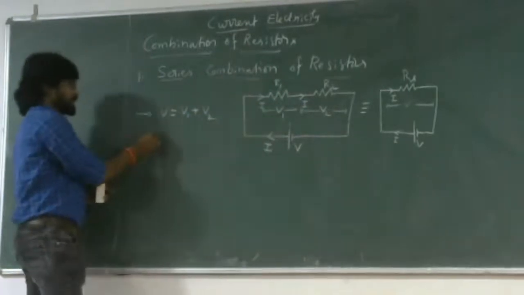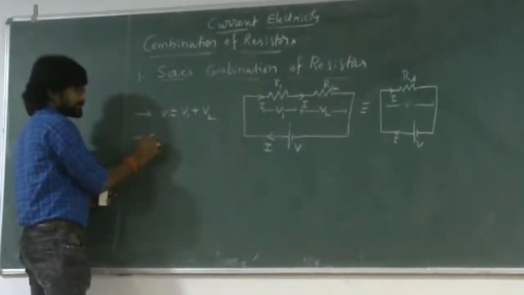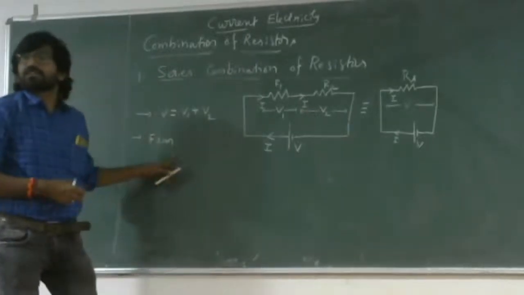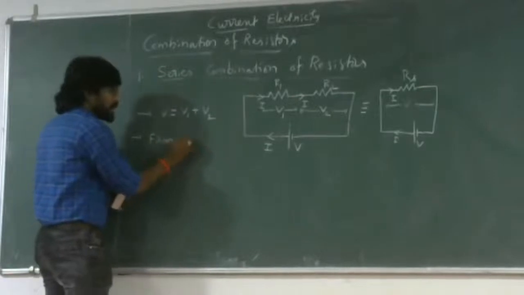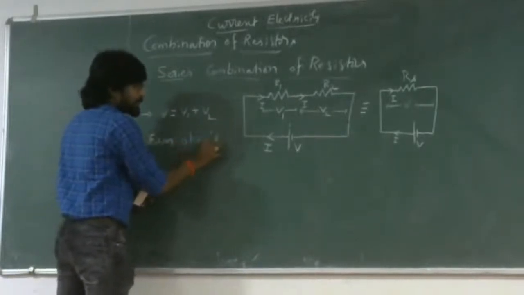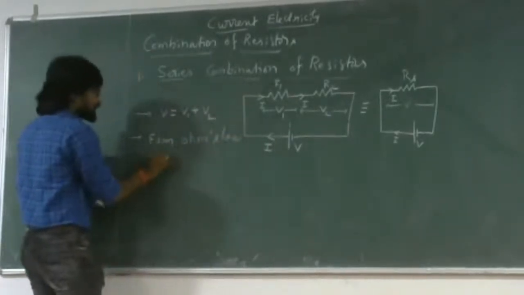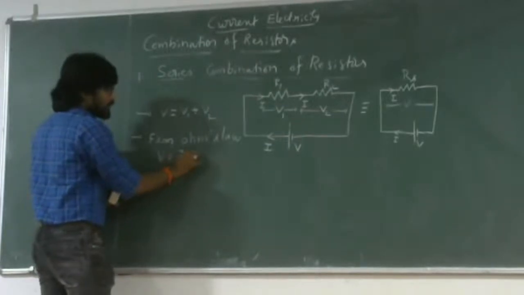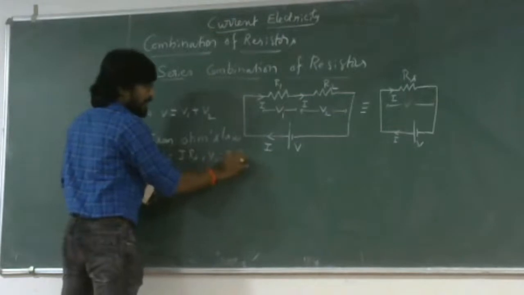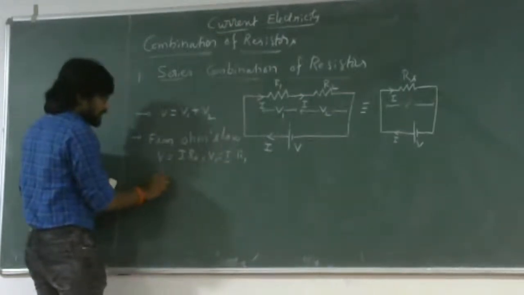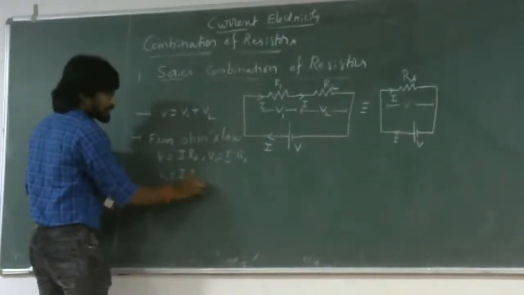So from Ohm's law, write down simultaneously: V is equal to I into Rs, V1 is equal to I R1, and V2 is equal to I R2.